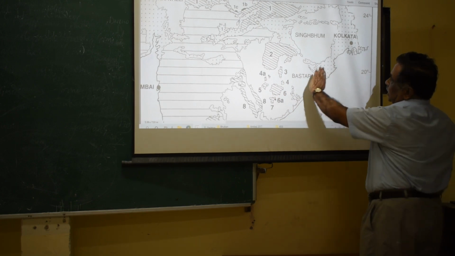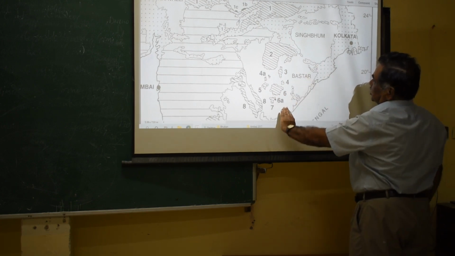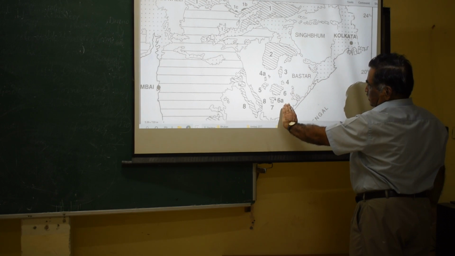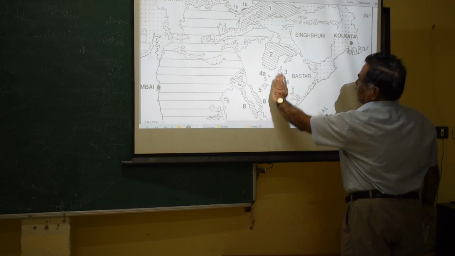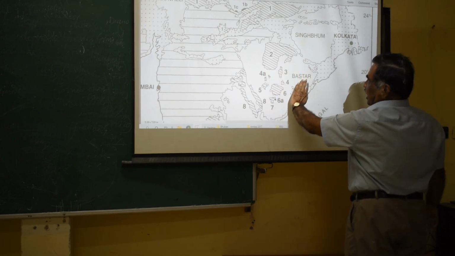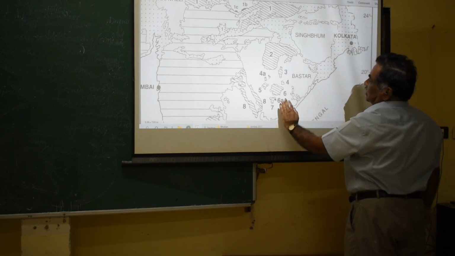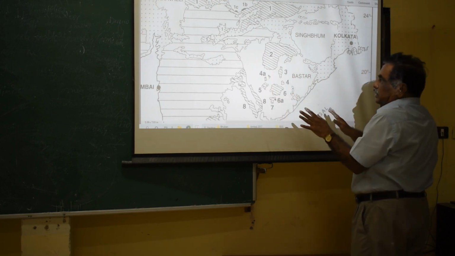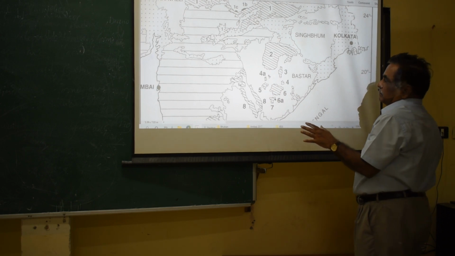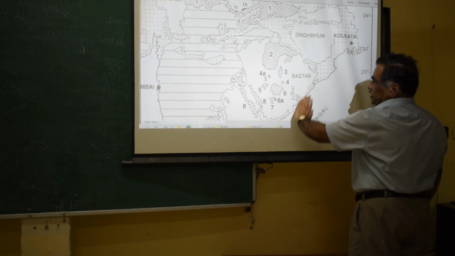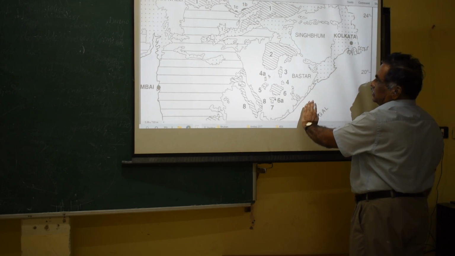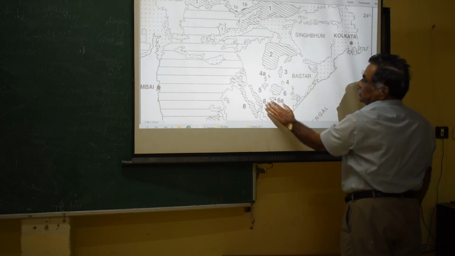So that means you have a very large ocean here. Eastern Ghat mobile belt is a large ocean, and these are the appearing sea deposits. So Eastern Ghat and these deposits are in the same tectonic setting. Eastern Ghat was the major open sea, just like Atlantic Ocean, and these are the appearing seas.